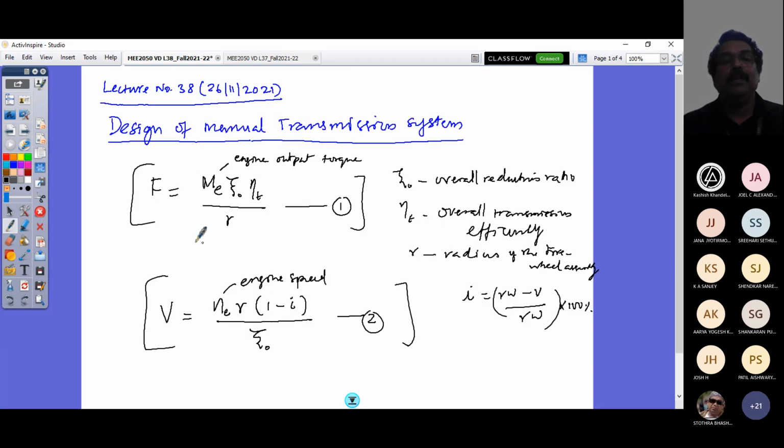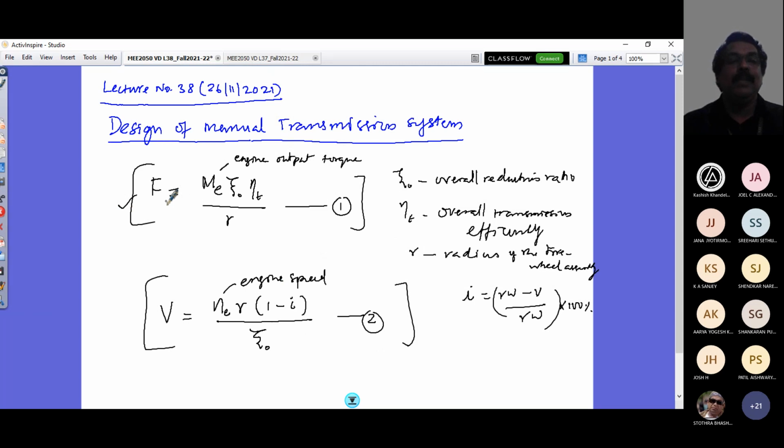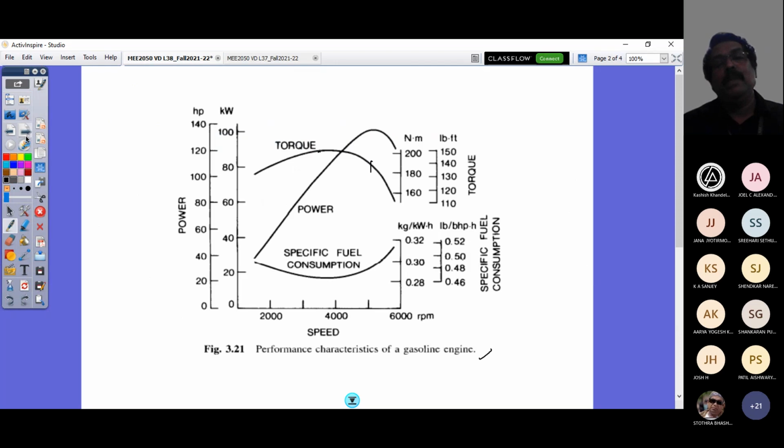This expression number 1, this is what I get from the engine. So I have to divide this with this engine torque, and this force, this is from the engine. So I have to divide that by equation number 1.